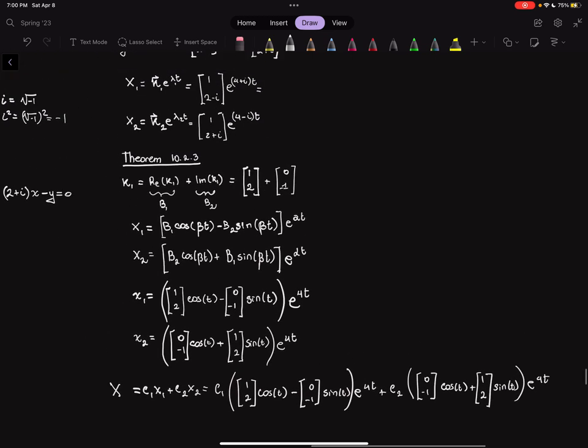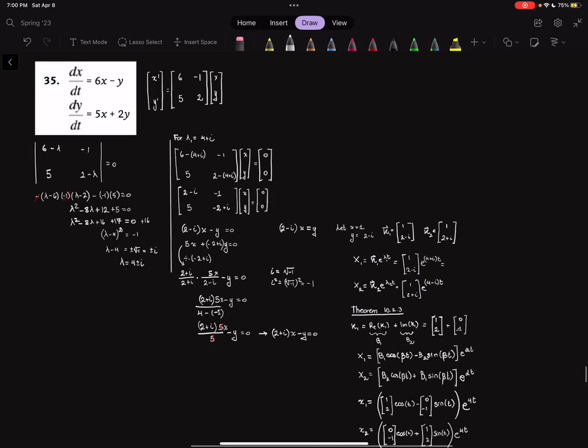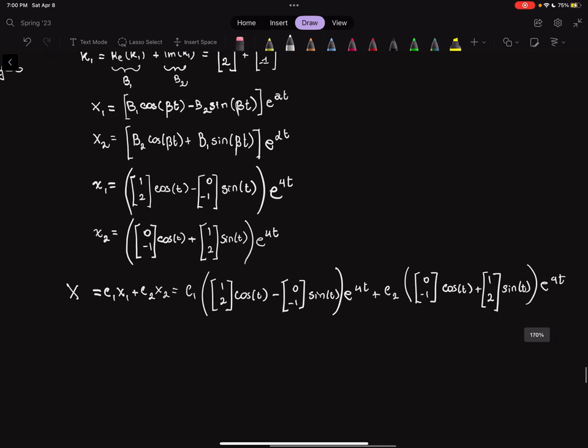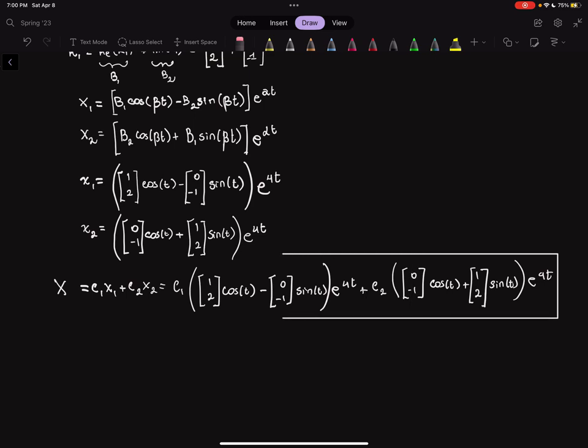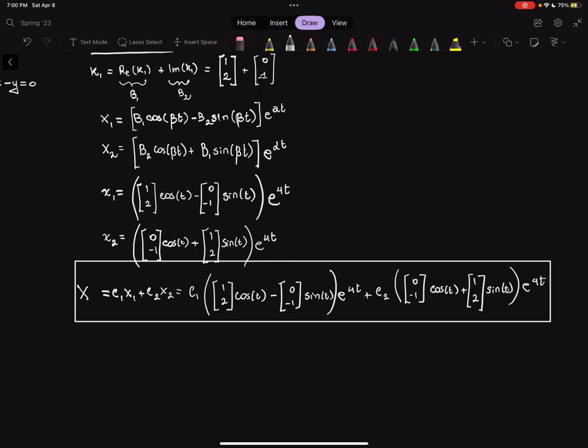And this is the answer because we don't have any initial condition to determine c1 and c2. This is our result.